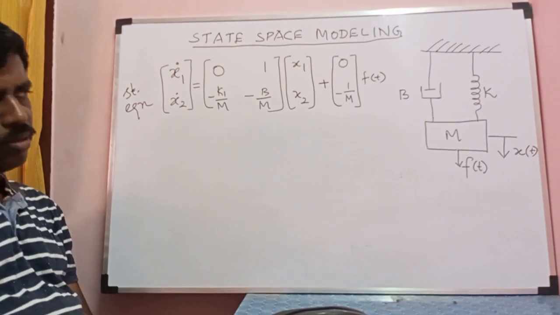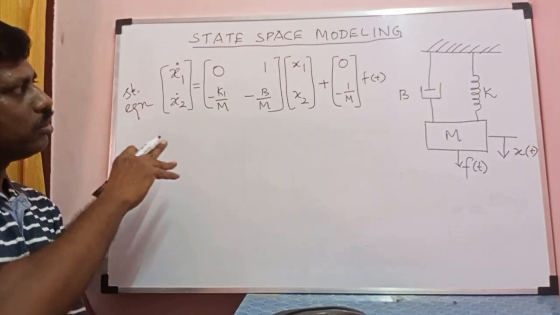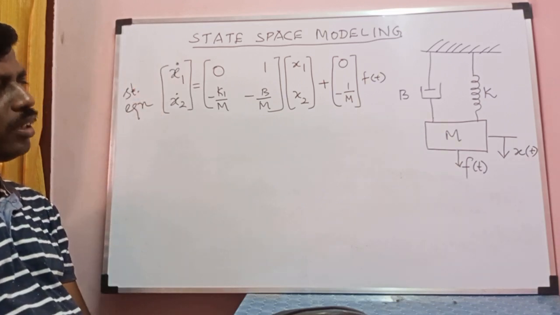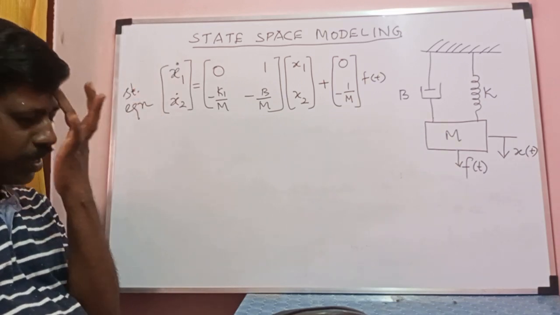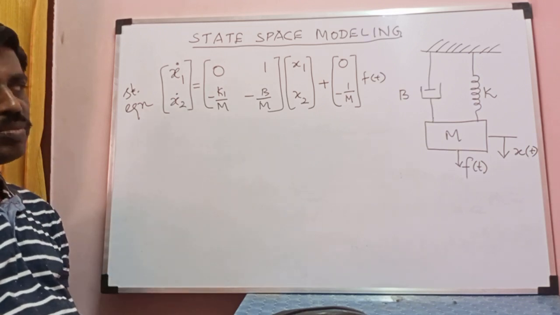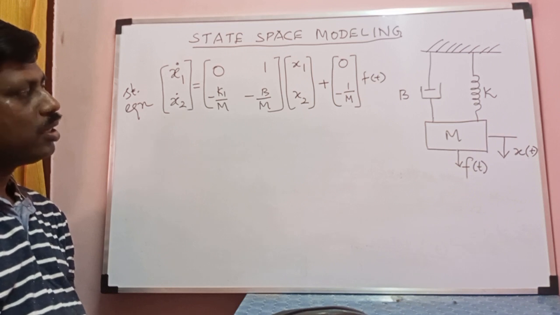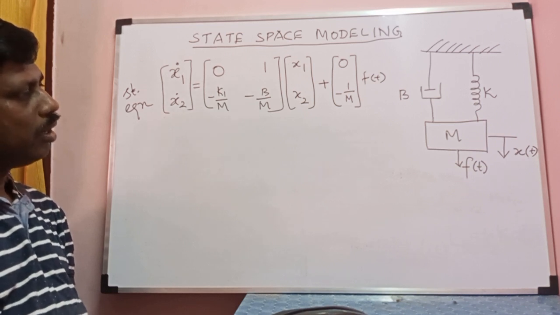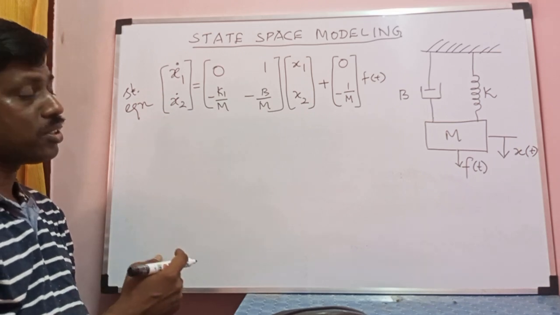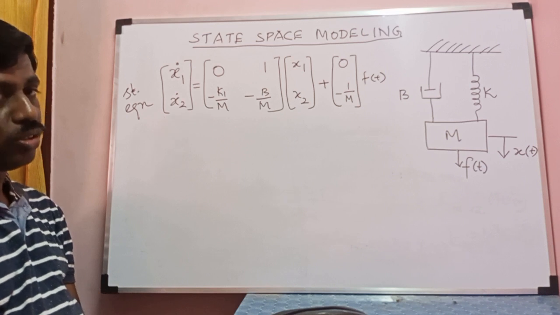But this state equation does not explain anything about the output. It talks about how the states vary with respect to time. What about the output? As I said in my lecture, the output for the system can be either displacement or velocity. Let me say I'm interested in taking x of t as the output.